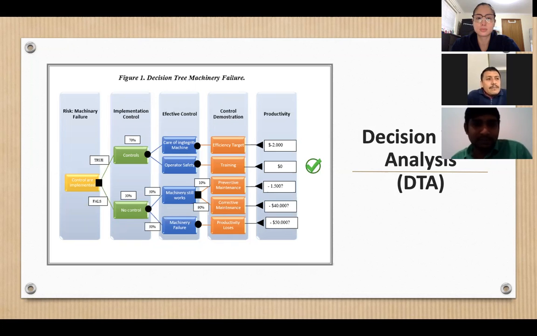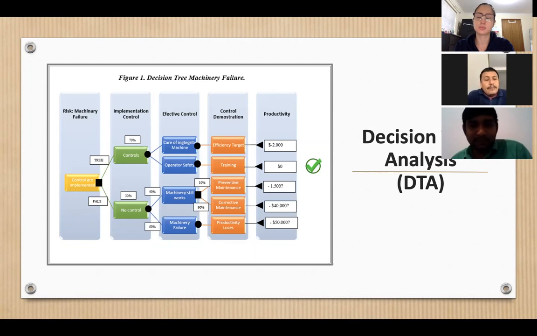In this case, we have two scenarios in this decision tree analysis. The first one is the scenario if you implement the control, and the other one is when you do not implement the control.